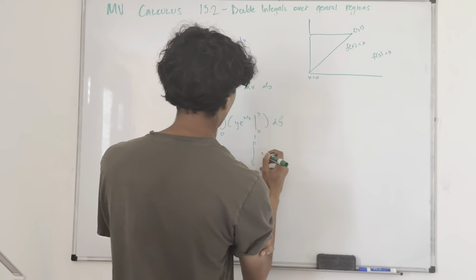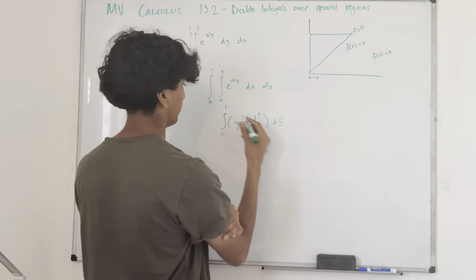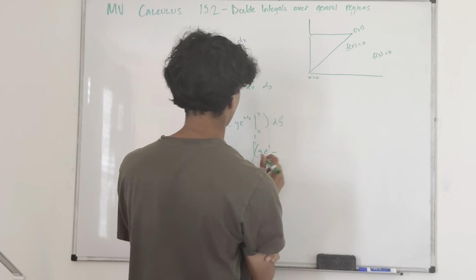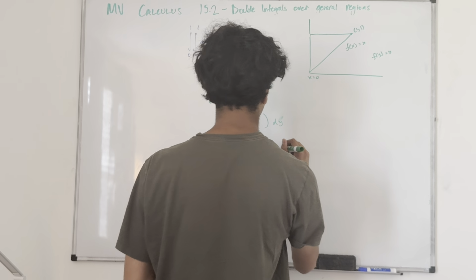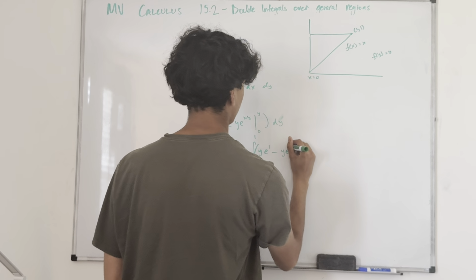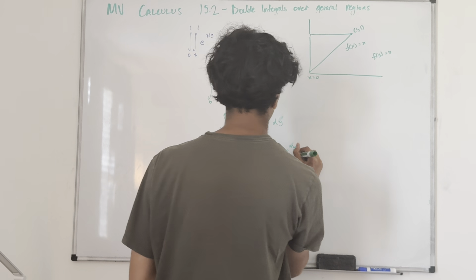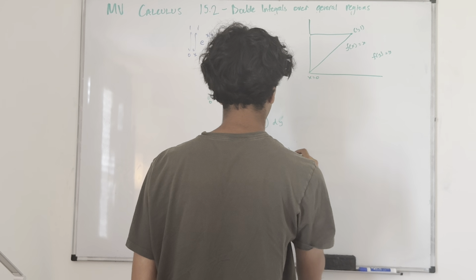So y times e to the x over y, and y over y is e to the 1, minus, because I have to do y times e to the 0 over y, that's just 1. So this whole thing turns into e minus 1, dy.